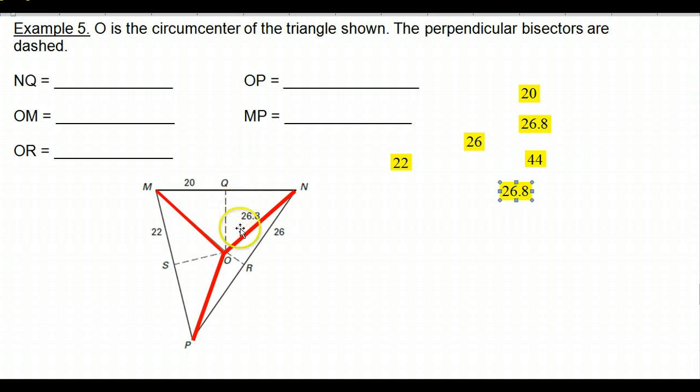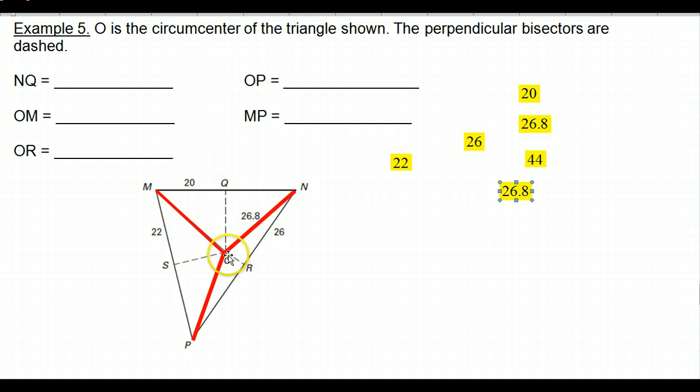Just like on the previous problem, O is the circumcenter. So that means it should be equally distant to all of the vertices. So if I know one of them, I should know all of them. Because all 3 of these lines should be the same length, equidistant to the vertices. That is the special property of a circumcenter.